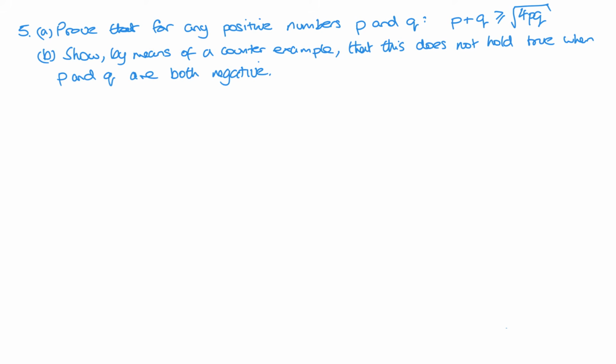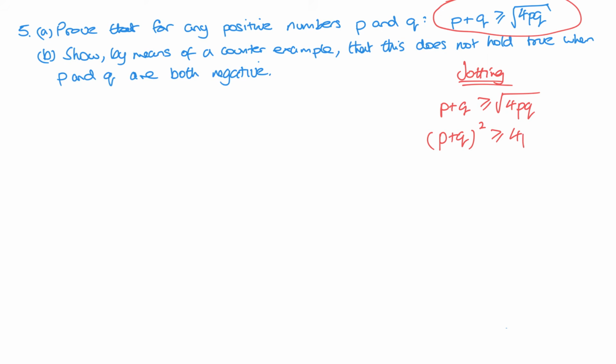Now, with number 5, this is where we're starting. Remember to start by jotting this down on the side in pencil. It's what you're playing with to get you some sort of statement of fact to start with. So square both sides, and then expand.